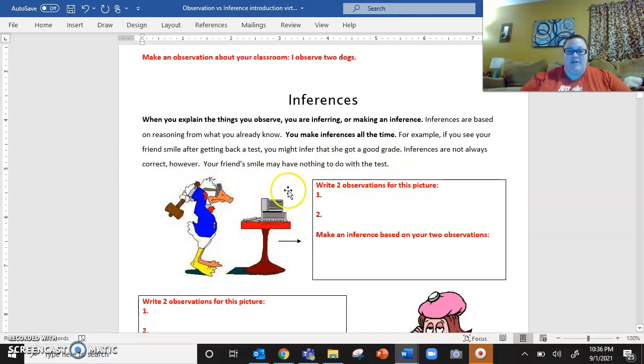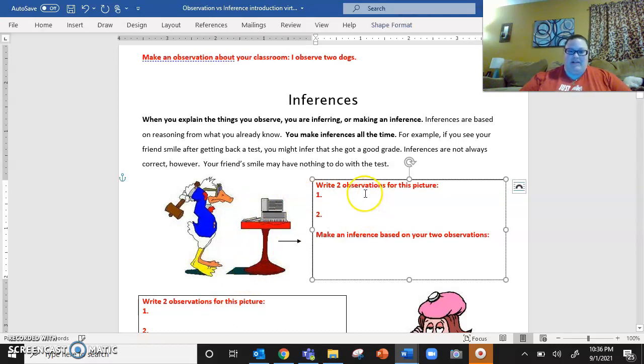So let's talk about this picture right here. Let's make two observations. Go ahead and write your observations in this box. Remember, you are making observations. You are only talking about what you see. Observations are very clear and very simple.